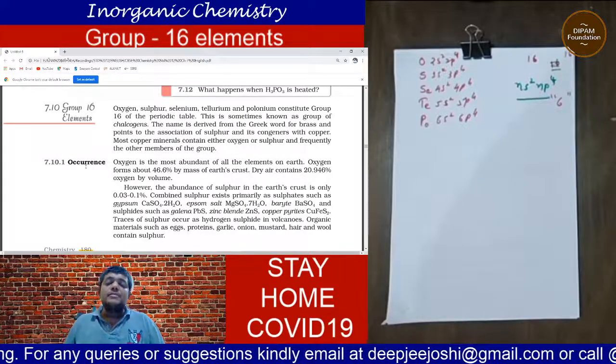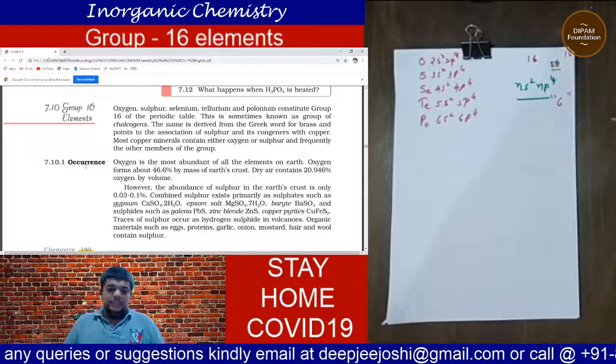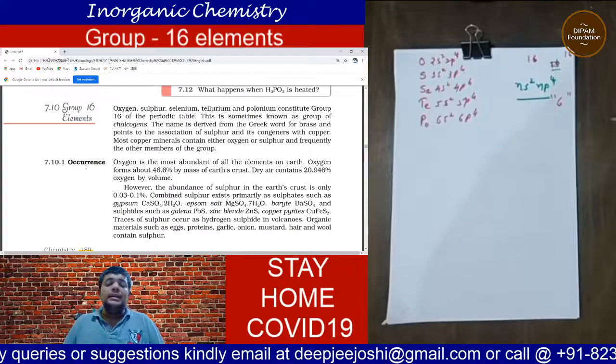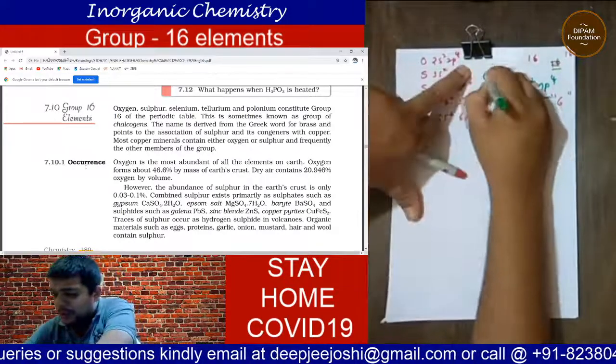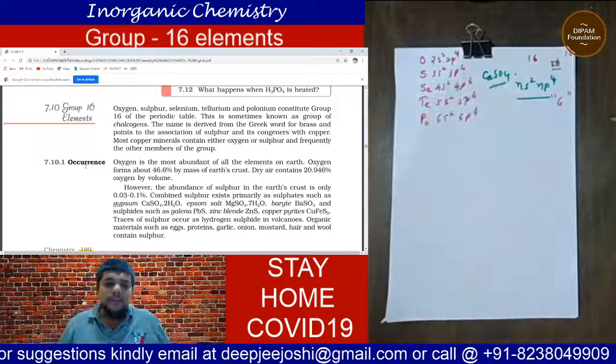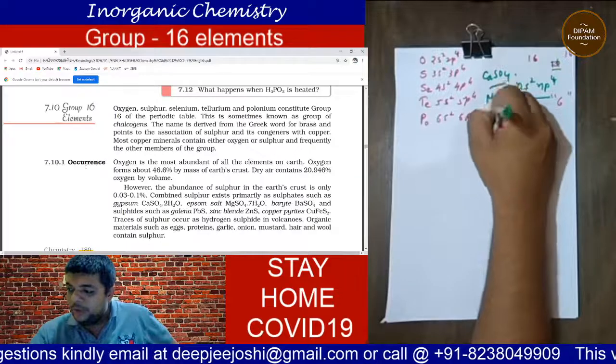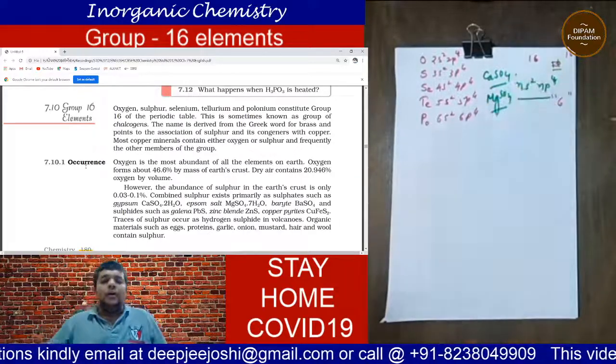However, the abundance of sulfur in the crust of the earth is only 0.03 to 1%. Combined sulfur exists primarily as sulfates, and those popular sulfates, as we know, are calcium sulfate, which we call gypsum salt, and magnesium sulfate, which we call Epsom salt.